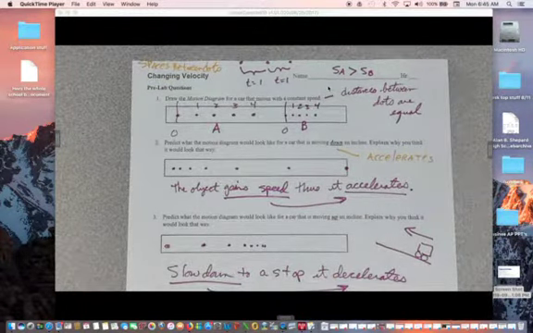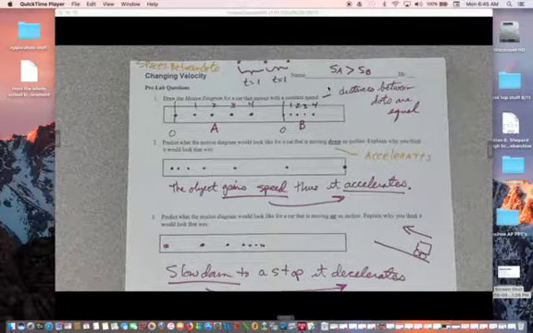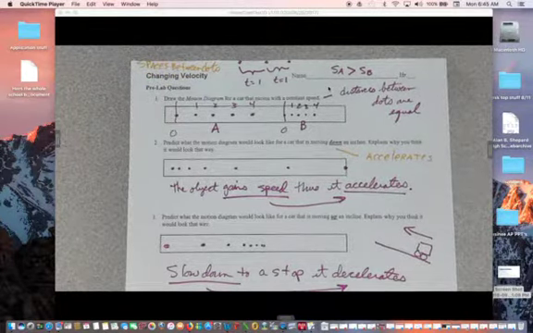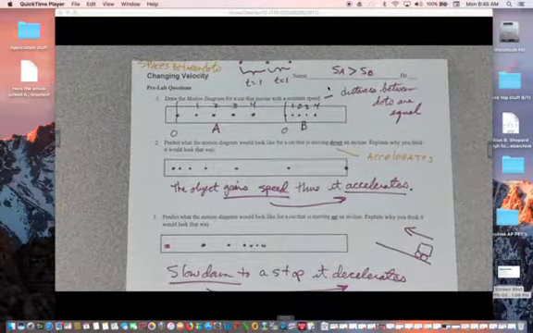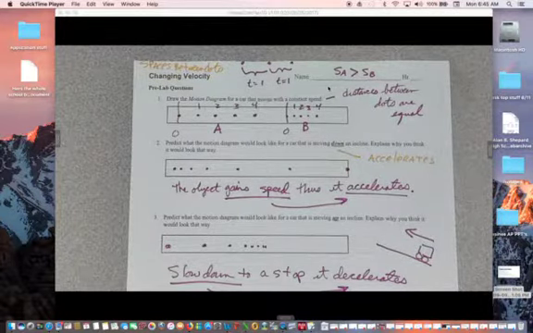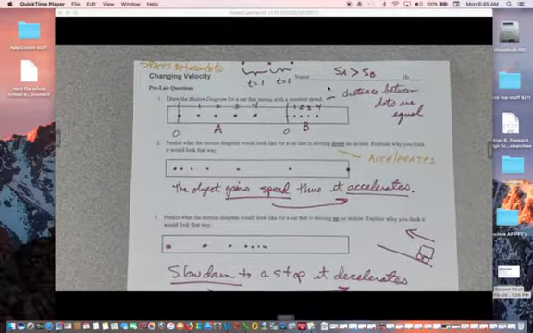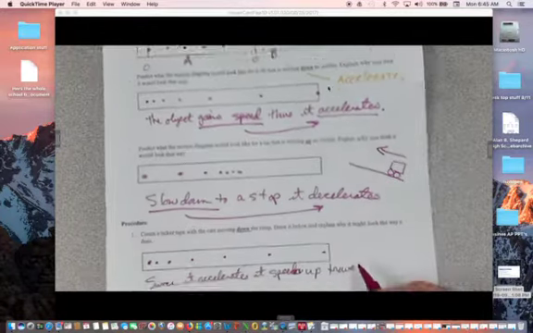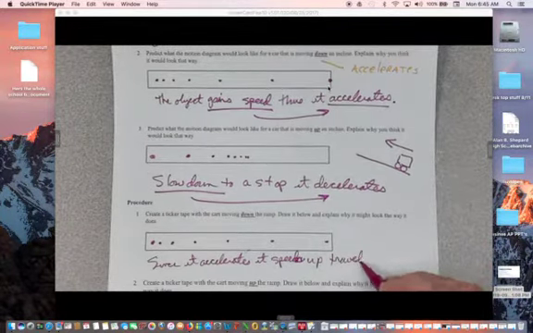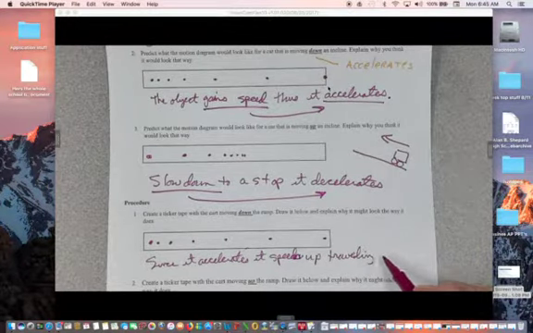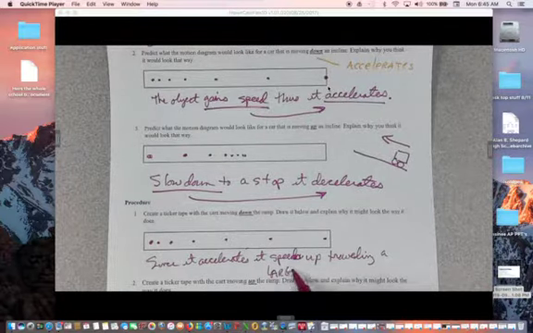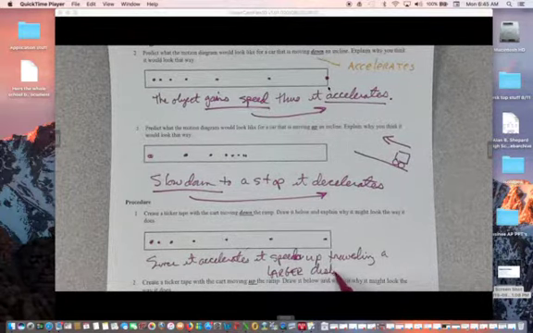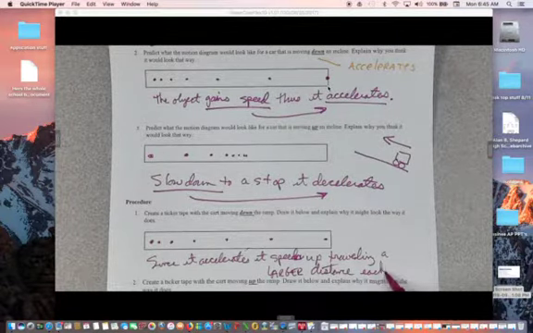Almost a repeat of the first question, and since it accelerates, it speeds up, traveling a larger distance each second.